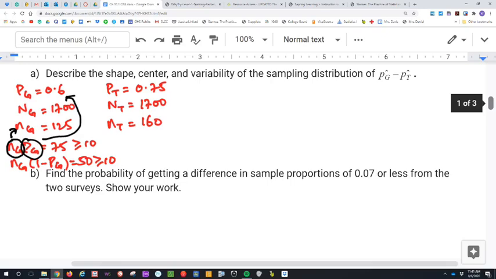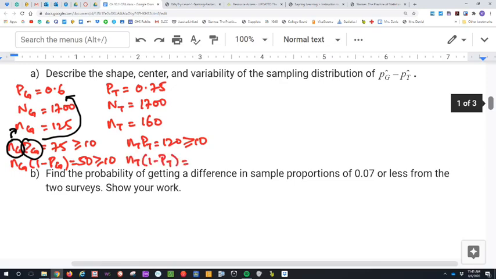Then we need to do a separate condition check for the Taylorsville population. So n T, the sample size from Taylorsville, is 160 times 0.75, the population proportion of students who own technology in Taylorsville. That gives you 120, which is also greater than or equal to 10.